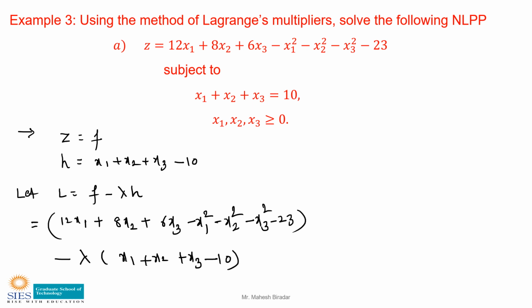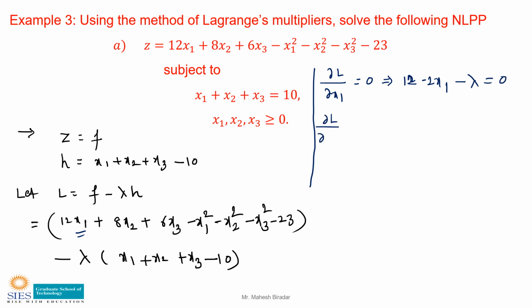Now we know the procedure. What we have to do? We have to differentiate this L with respect to x1 partially, and equate with 0. So it gives 12, because the derivative of x1 is 1, minus 2x1 minus lambda equal to 0.